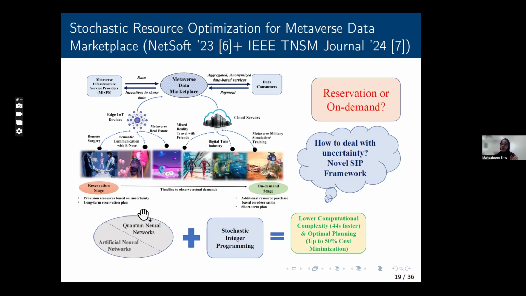However, if they do not approximate those resources correctly, for example, if they undersubscribe, they have to purchase additional resources at a more expensive price in the on-demand stage. Also, if they oversubscribe, there will be some wastage of resources, right?